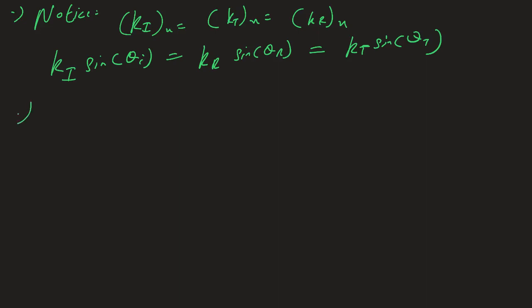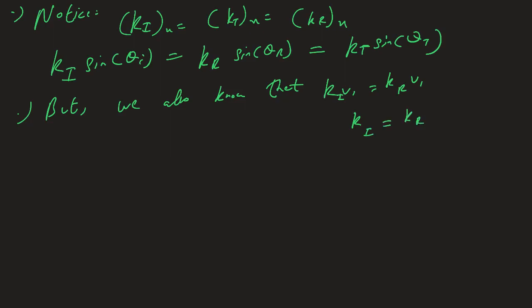But we also know that k_i v1 is equal to k_r v1. So we know that the magnitude of k_i is equal to the magnitude of k_r.